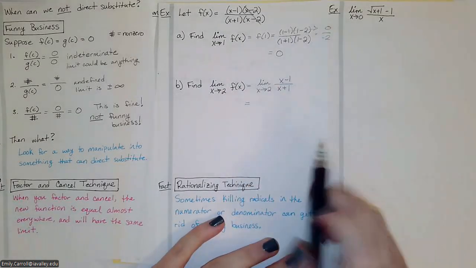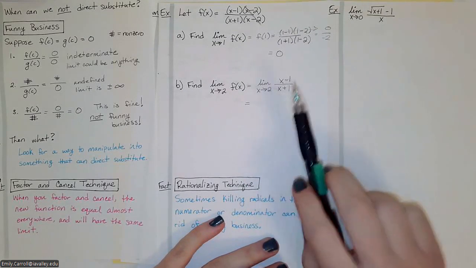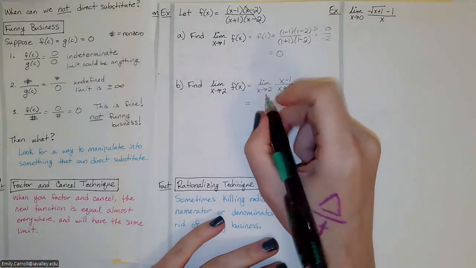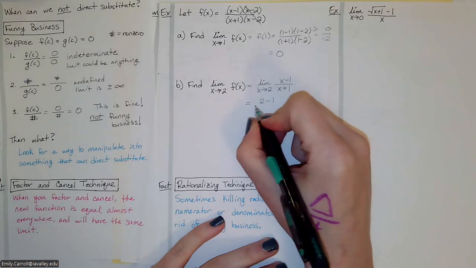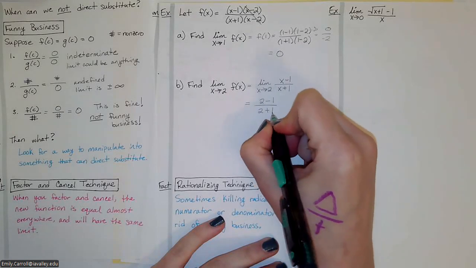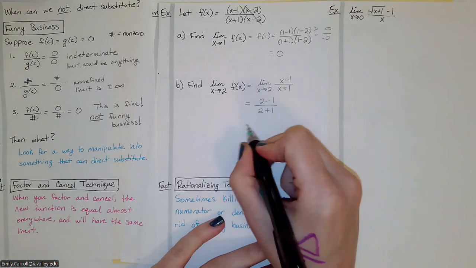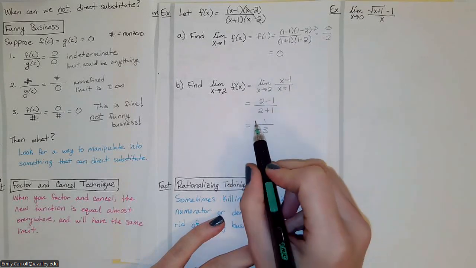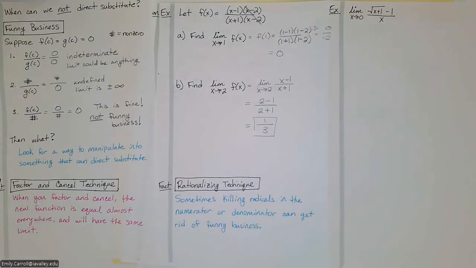So now that I'm going to go ahead and let x be 2, now I can finally get rid of the limit operator. The limit operator is going to stay with you until you go ahead and let x go where it's trying to go. So we have 2 minus 1 is 1 over 2 plus 1 is 3.